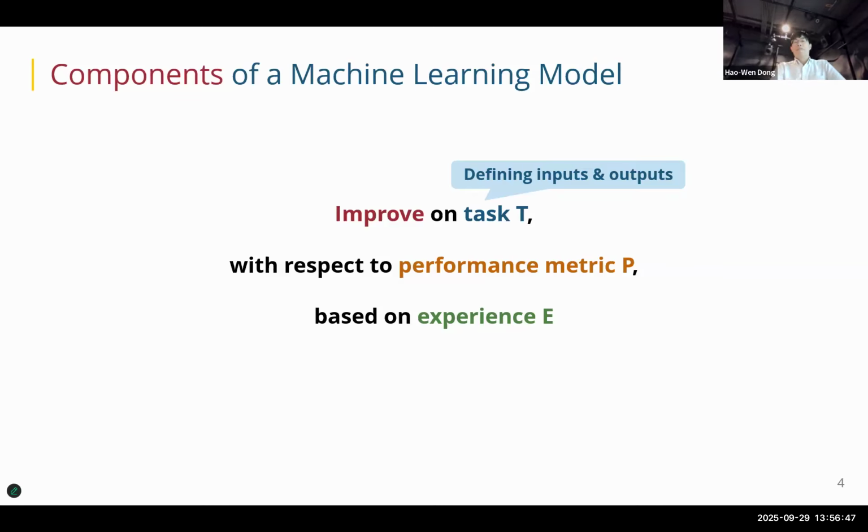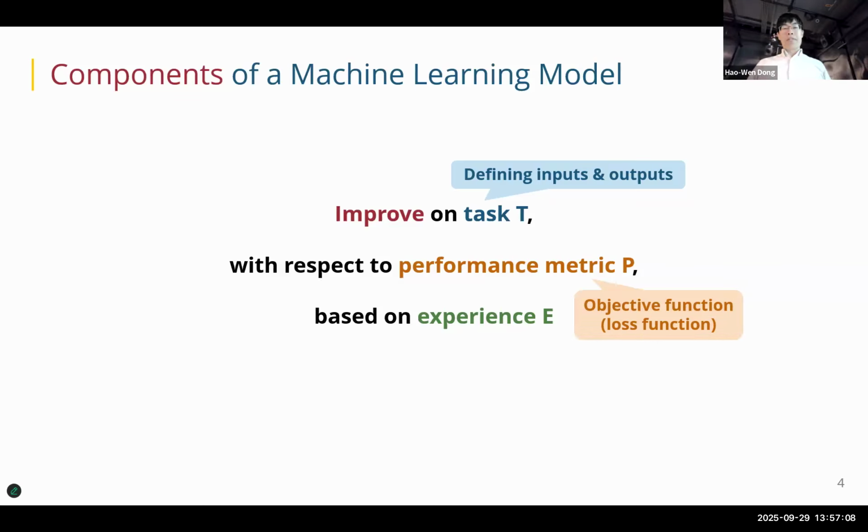Task T usually defines the inputs and outputs. That's very important. We will see it again and again, especially in the deep learning era, because every deep learning model is simply a function mapping between inputs and outputs, as we will see later. Performance P is the objective function, the loss function.